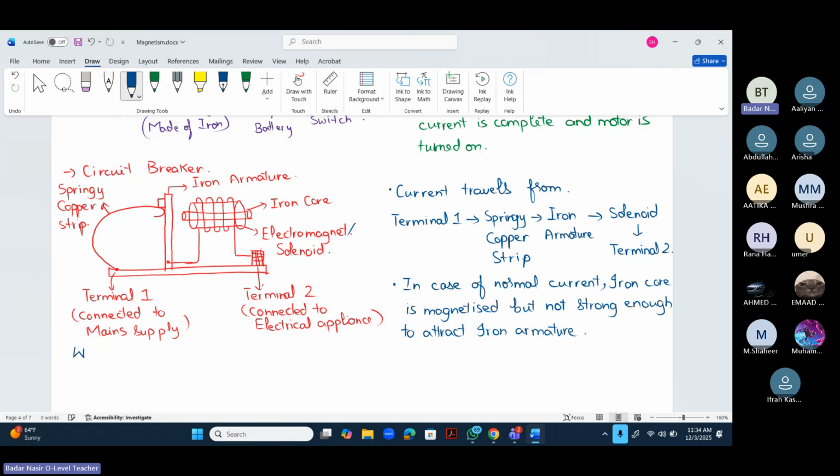Now what happens? Main working हमारी यहाँ से start होती है.